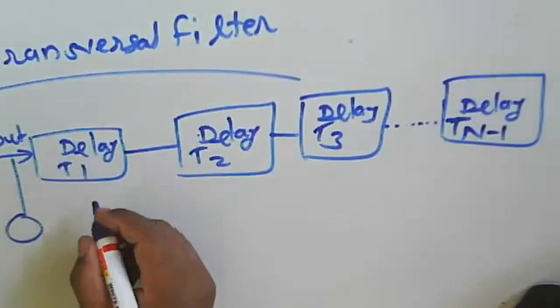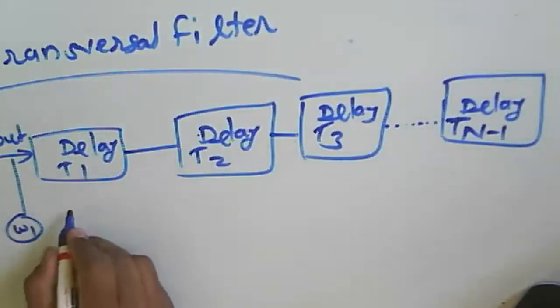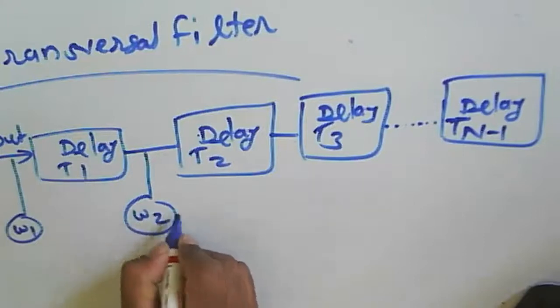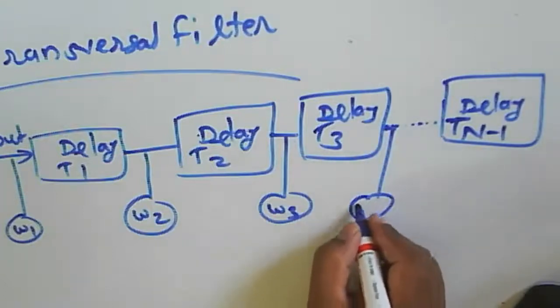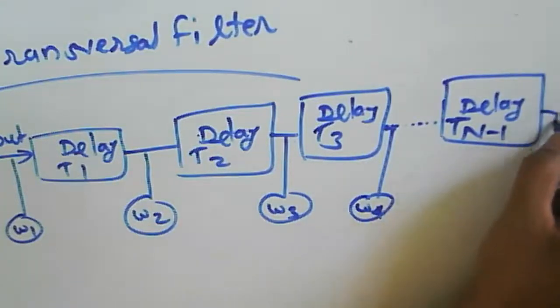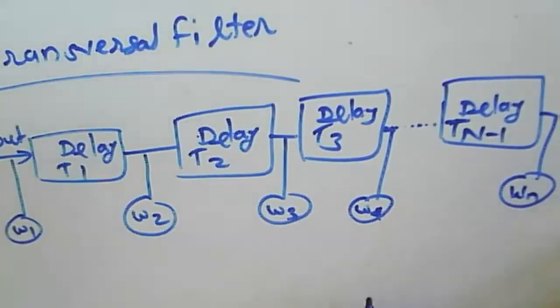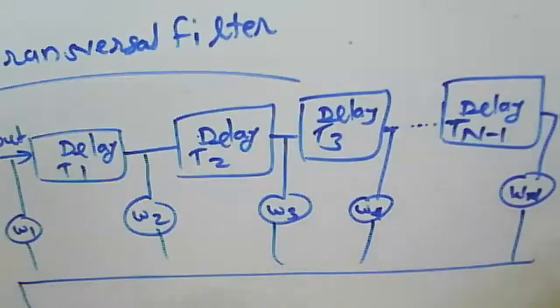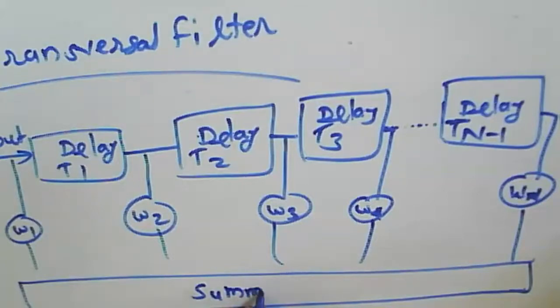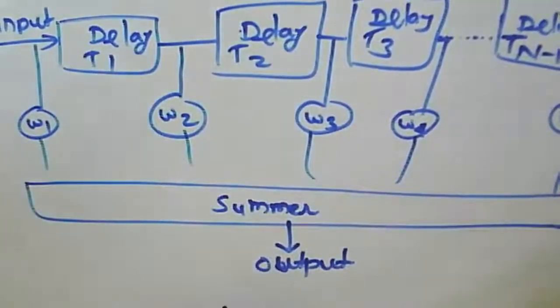It has feed forward taps with weights: weight 1, weight 2, weight 3, weight 4, up to Wn, weight n. Then we add all of these, the summation of all this. These are the different taps we have. We have a summer, and after that we get the output.